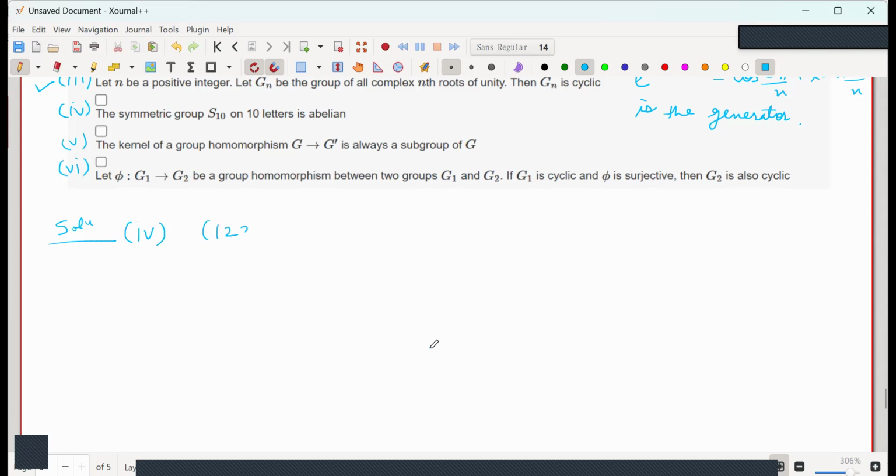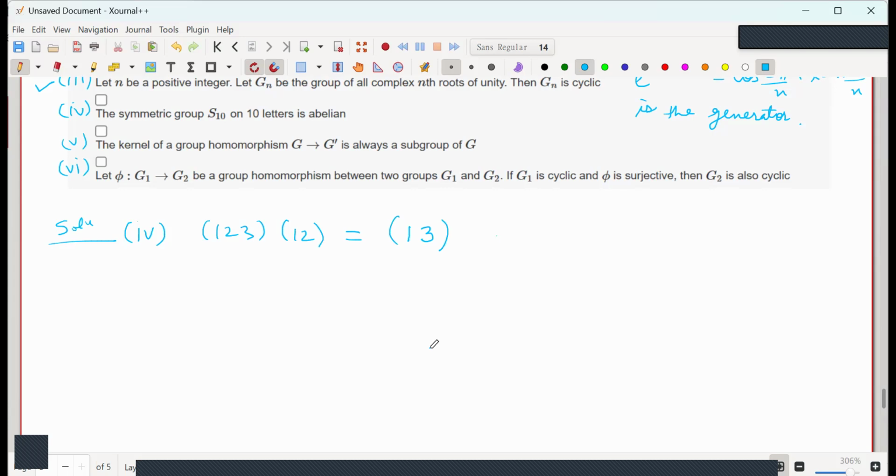So what will the composition of (1 2 3) and (1 2) be? It is (1 3). 1 is going to 2 and 2 is going to 3, so 1 is going to 3. 3 is going to 1. 2 is going to 1 and 1 is going to 2, so 2 will be fixed. So you can write it as (1 3), and all other symbols, from 4 to 10, are fixed, right?